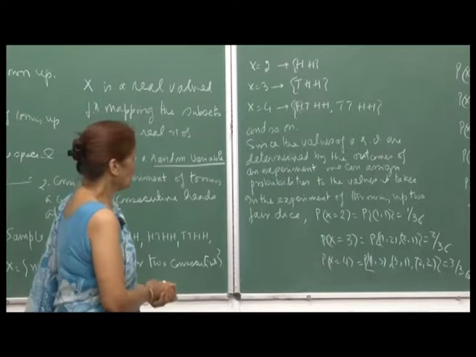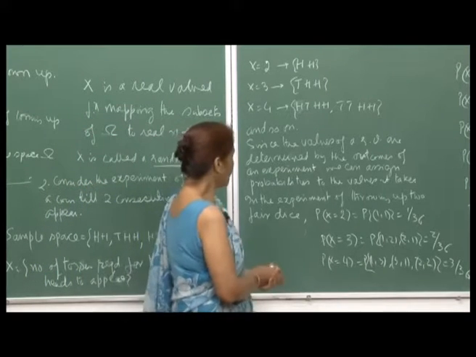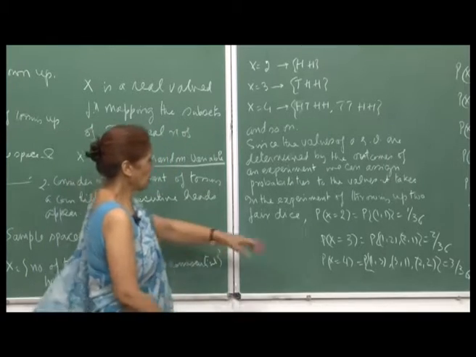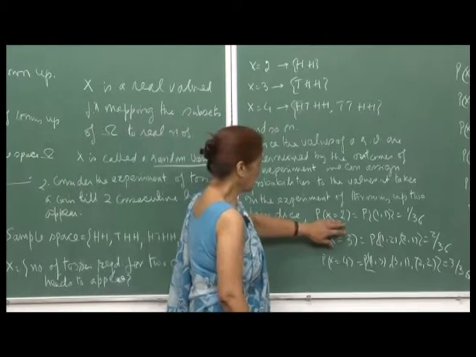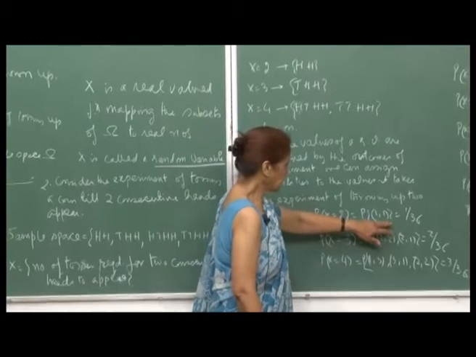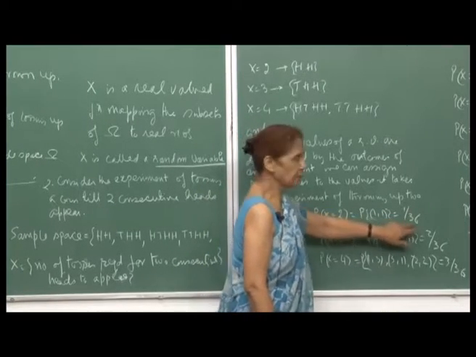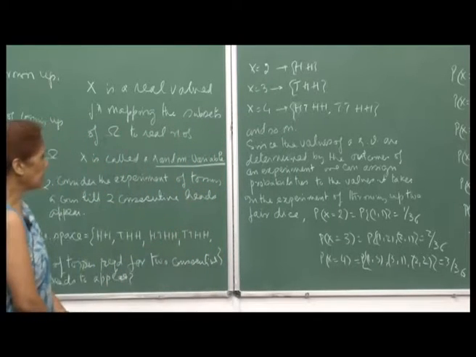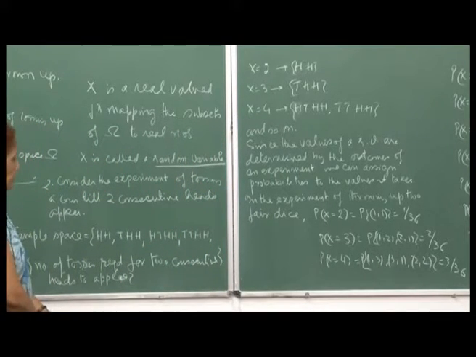So, for example, in the throwing of two fair dice, the probability that x is equal to 2 would be the probability of the singleton (1,1), which is 1 by 36, because each of the 36 pairs is equally likely, since the 2 dice are fair.